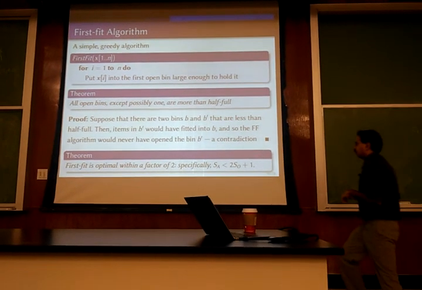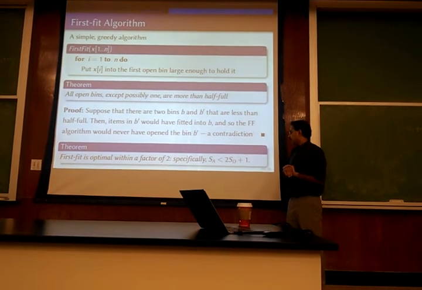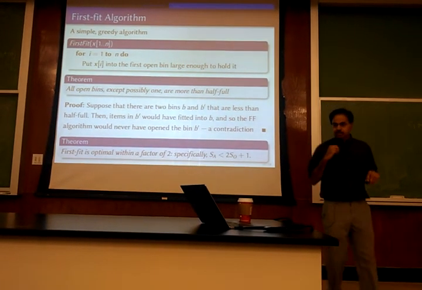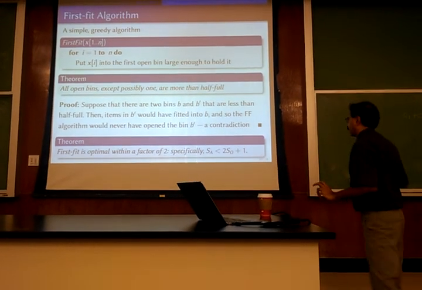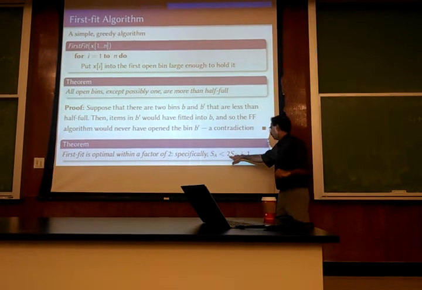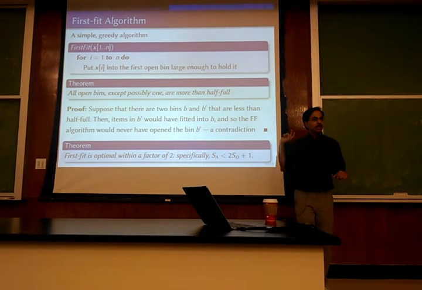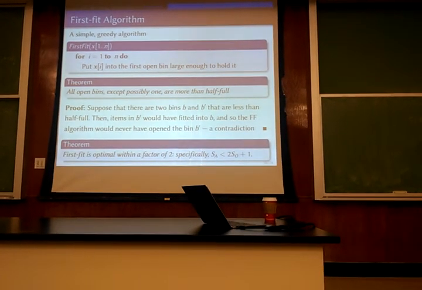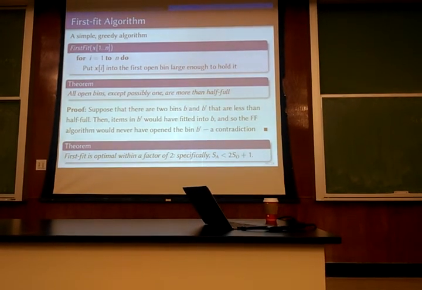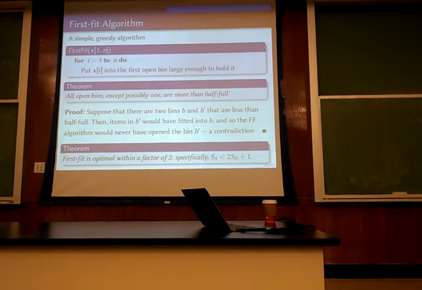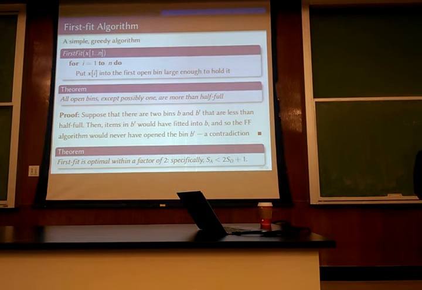The technical definition of optimality says you should only have a factor and not a constant. In this case, we have a factor plus a constant. We have 2 times optimal plus 1, because the last one could be less than half. Everything else could be just half plus some minute extra quantity, so you cannot combine them.